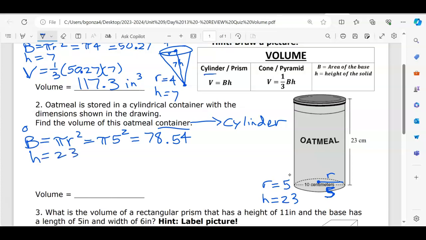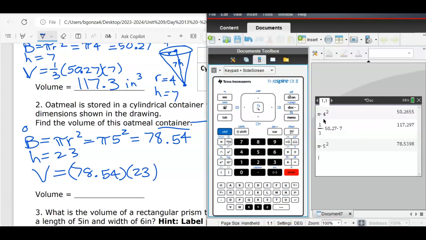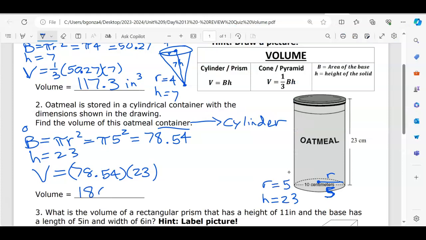So remember, for a cylinder, you're just doing B times H. So we're doing 78.54 times 23. All right. And we get 1,806.42. Units of measure are centimeters cubed.